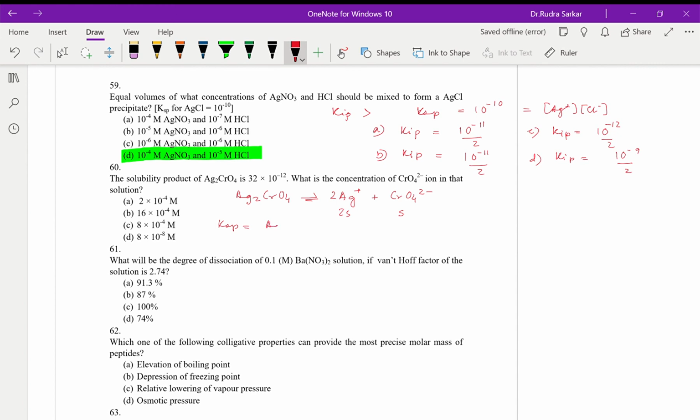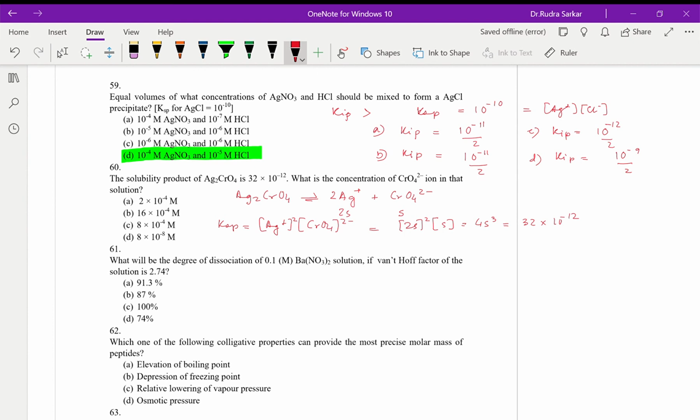Okay, so Ksp is Ag plus squared times CrO4 2 minus. So this will basically be 2S squared times S, and that totals to 4S cube, which is nothing but 32 into 10 to the power minus 12.